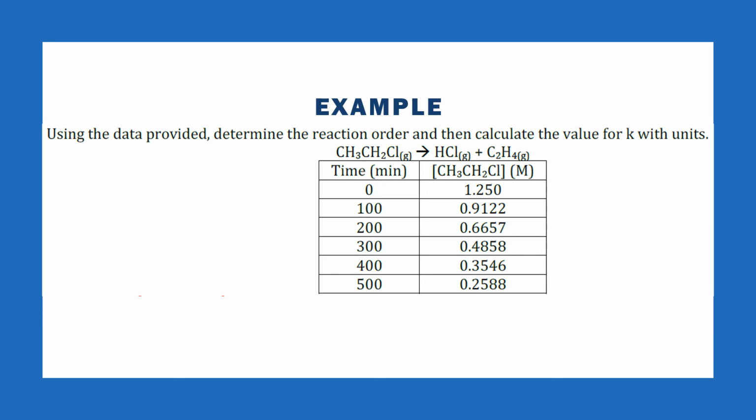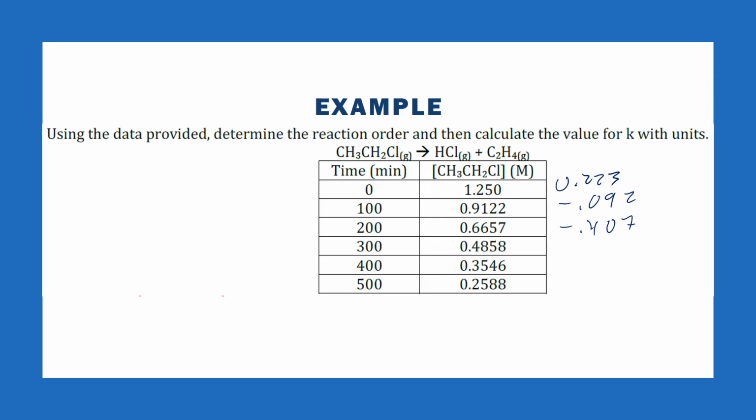So let's go ahead and just take the natural log of some of these values. Natural log of 1.25 is 0.223, and the natural log of 0.9122 is negative 0.092, and the natural log of 0.6657 is negative 0.407, and we'll do one more just to make sure.